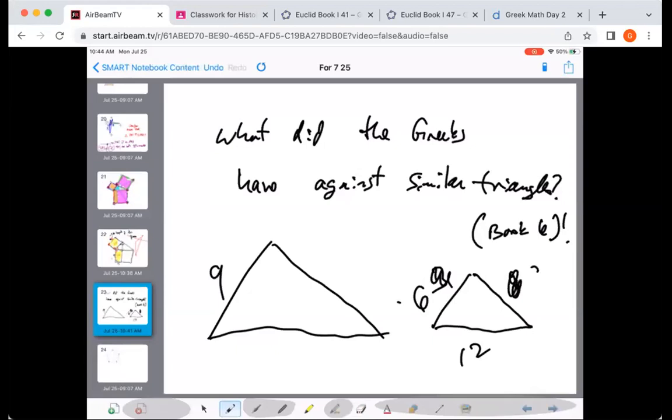So 6, 9, 12. This is 3 times 2. This is 3 times 2. This is 3 times 3. I want to multiply each thing by 1.5. I don't like that so much either. I'm going to do it anyway. Now, bottom should be 18, right? Oh, 18.